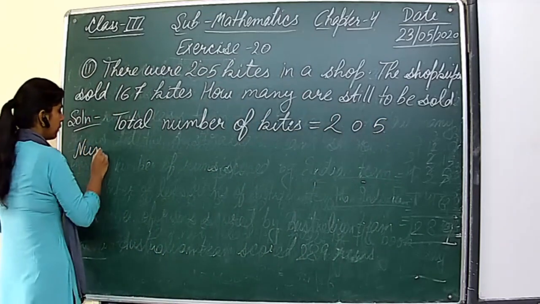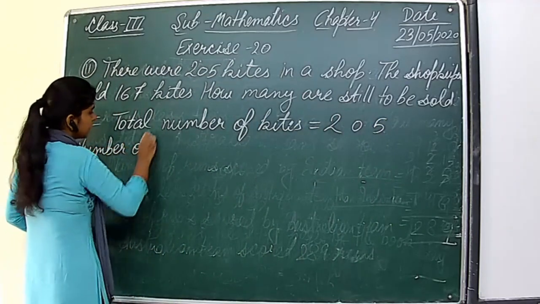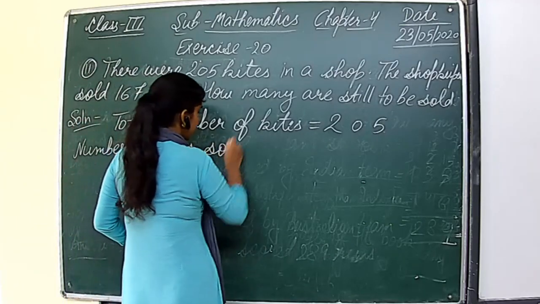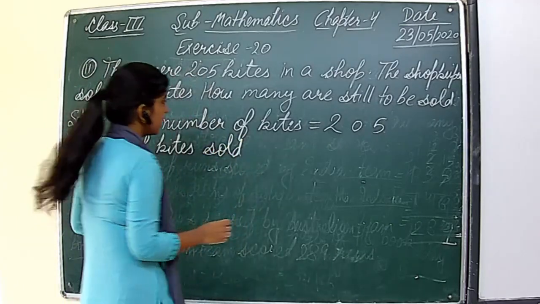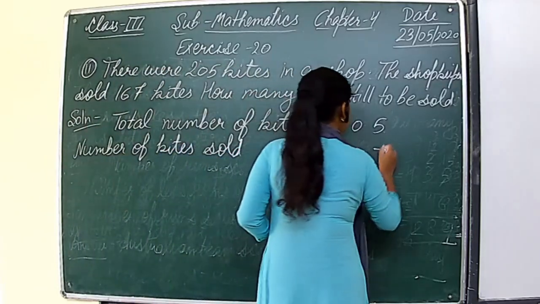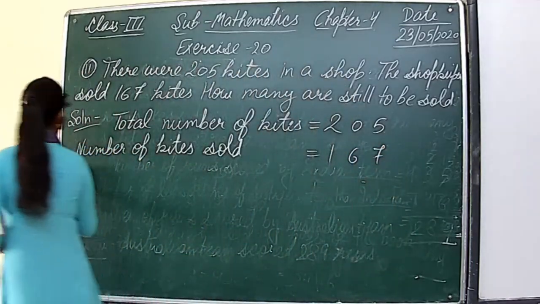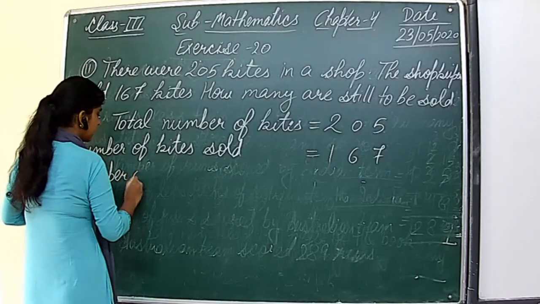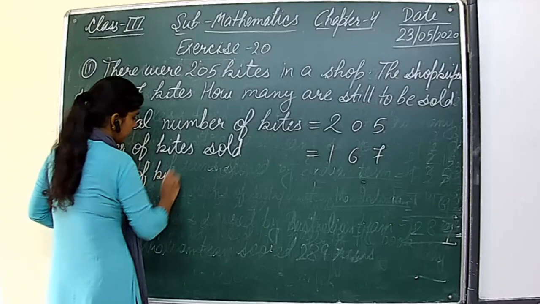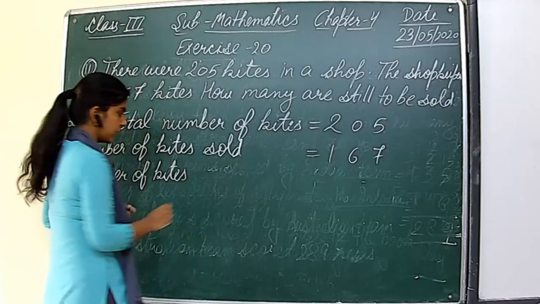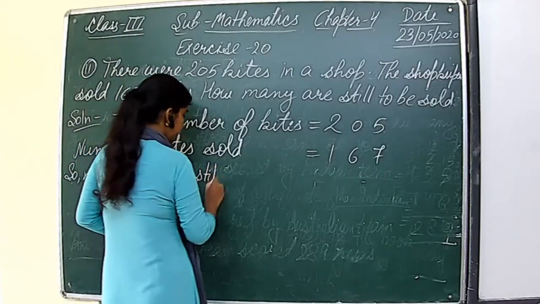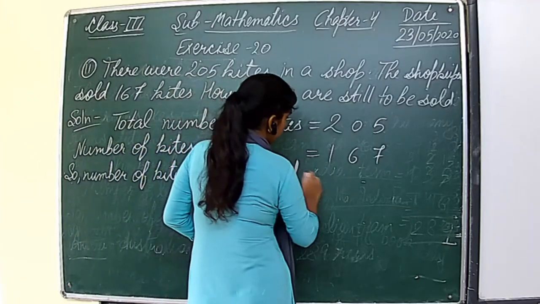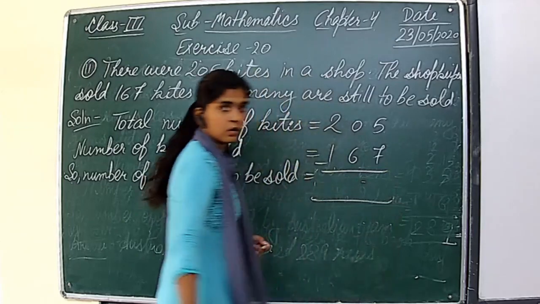Number of kites sold is equal to 167. Okay. So number of kites still to be sold is equal to, we need to subtract the numbers.